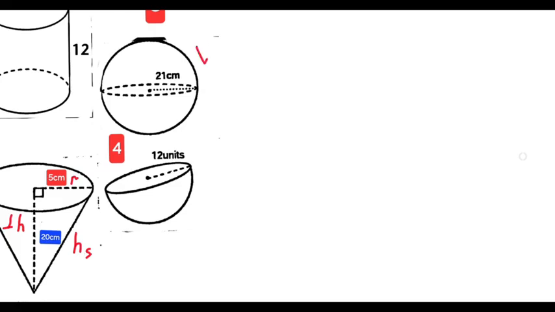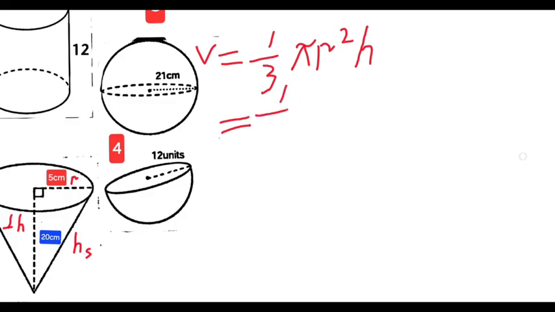So the volume formula is 1 over 3 pi r square h. This is the cone volume formula. So 1 over 3 pi, radius 5 square, and the perpendicular height 20, multiply 20.